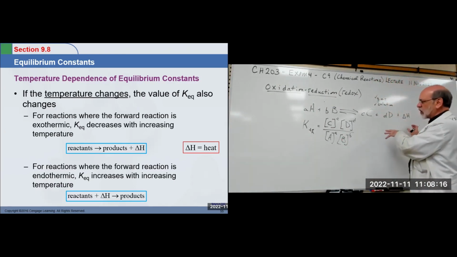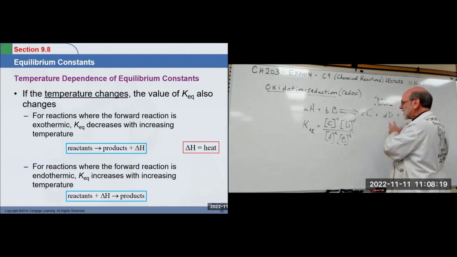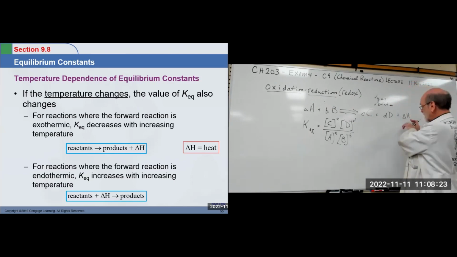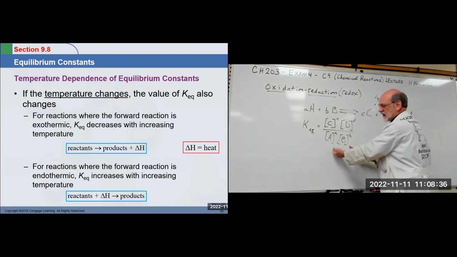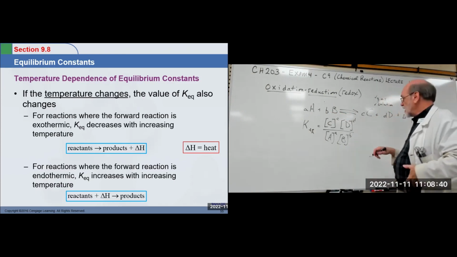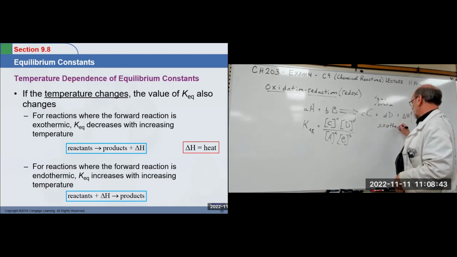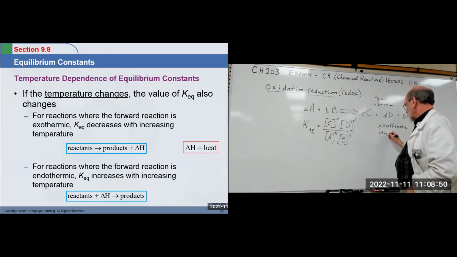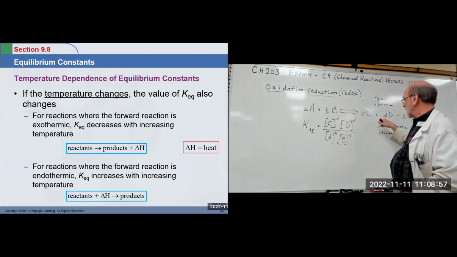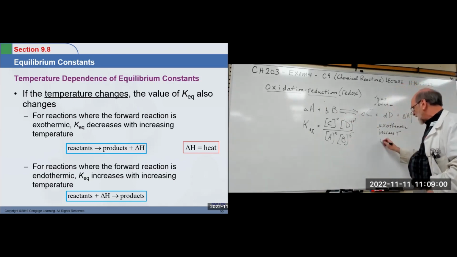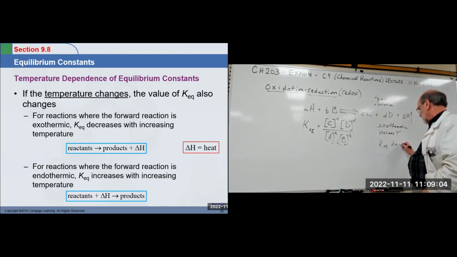Okay, so if we think of this heat as a term in our equilibrium, if we add heat to this reaction, then think of it as a product. Then if we increase this value, it's going to force the reaction back that direction, which does what? It decreases these and increases these. So if you increase the temperature for an exothermic reaction, then you're going to drive the reaction back this way, decrease that, increase that, the K EQ decreases.